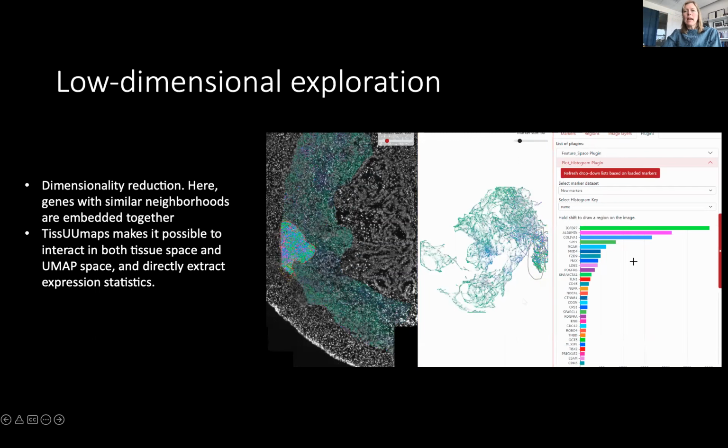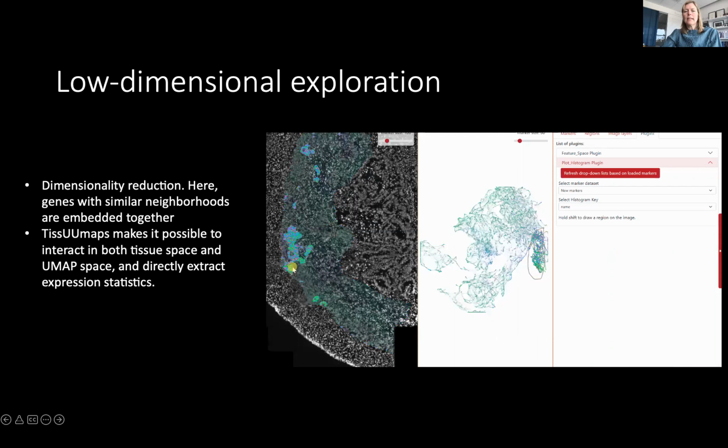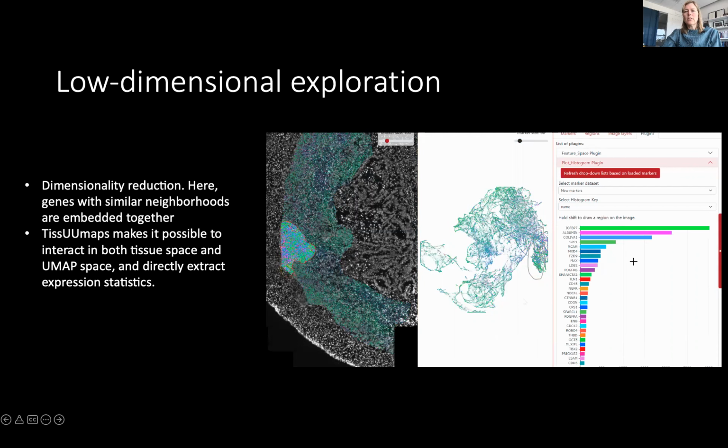We can then manually select regions in the UMAP space and see where the corresponding markers are located in tissue space. We can also go back and select such a region in the tissue space and directly extract localized gene expression statistics.